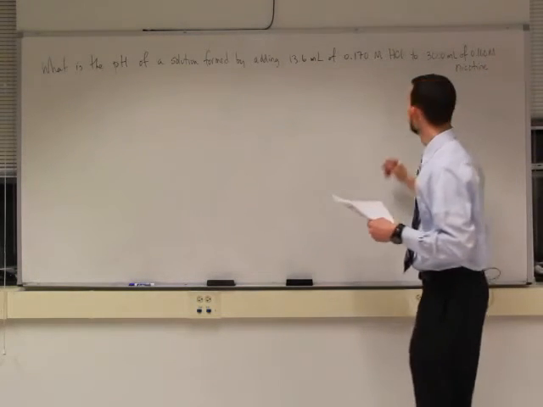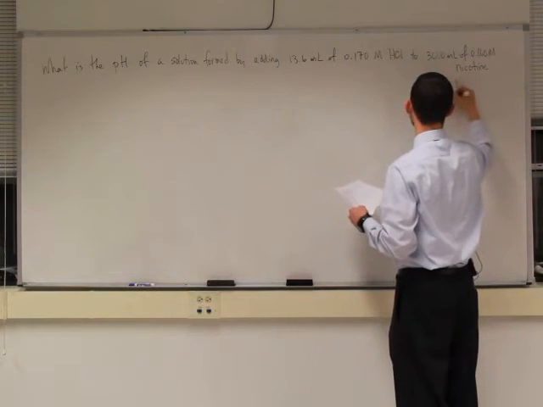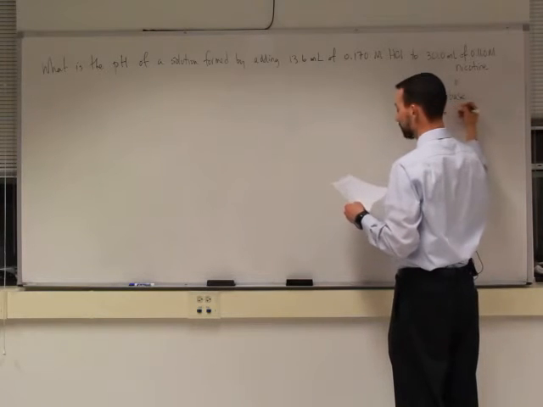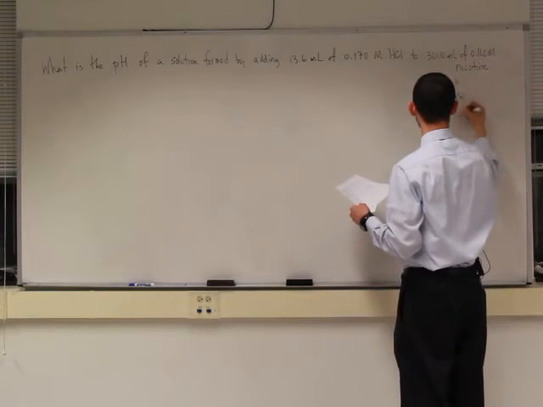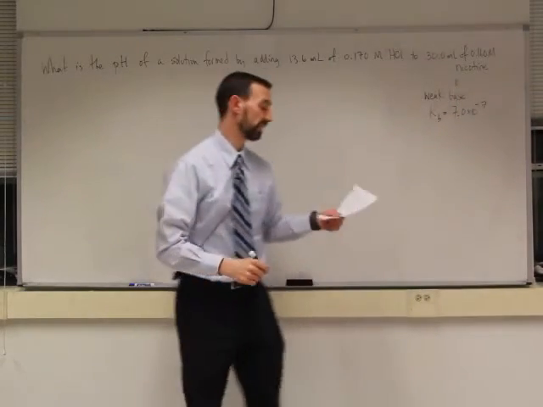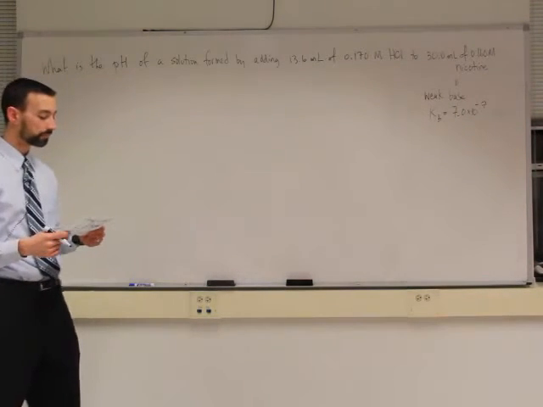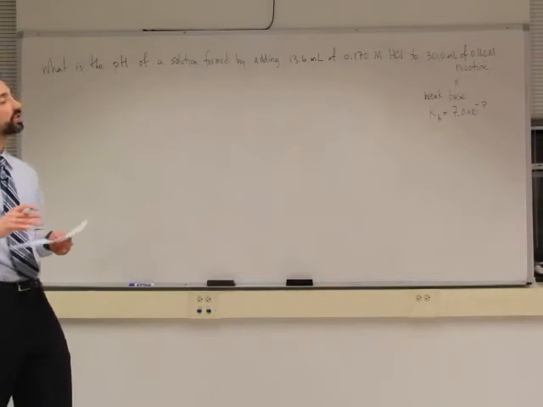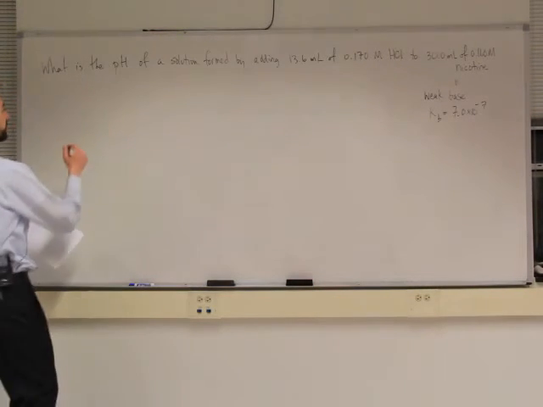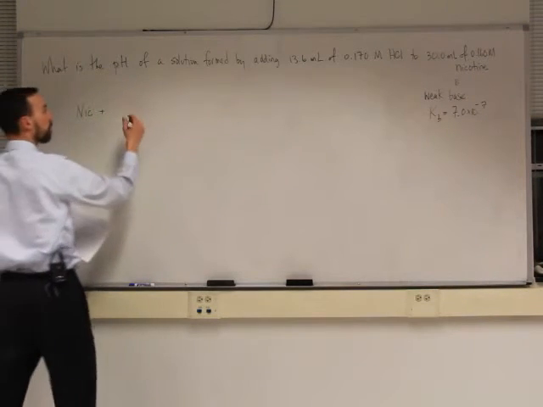Now, nicotine is a weak base. We could look this up. It is on our Ka chart. Nicotine is a weak base whose Kb is 7.0 times 10 to the negative 7, I believe. At least that's what I am working off on my sheet right here. Okay? So our reaction is different this time. If we identify the nature of our substances, we have nicotine, which is a base, plus a strong acid.